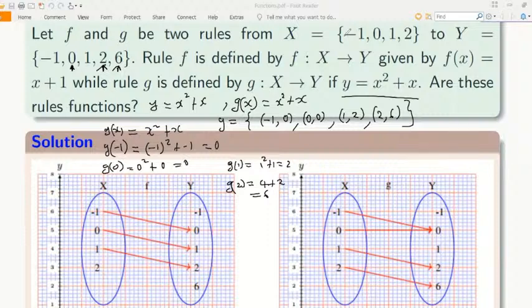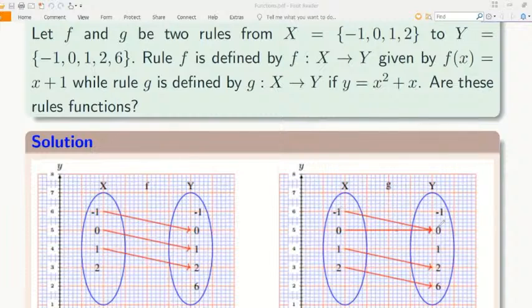Now, somebody might ask, what about where a single image has two objects? Like for instance, this time, this object had the image 0, and this object had the image 0. So two objects having the same image.